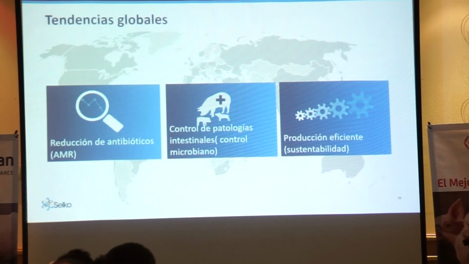The subclinical infections are a big part of this. And by helping the producers with these problems, we think we can increase the production capacity of the animal. And of course, one important tendency is always efficient production, so to have the least cost possible and the highest production possible.